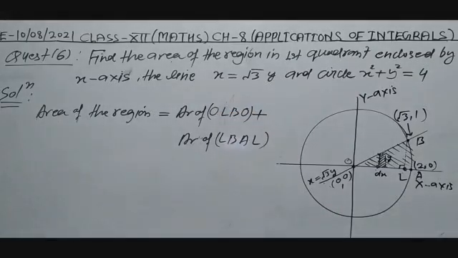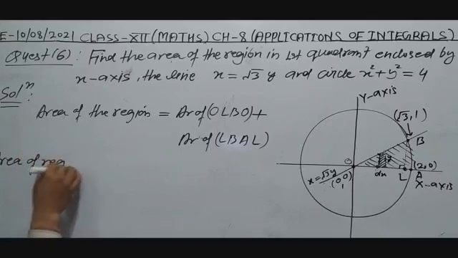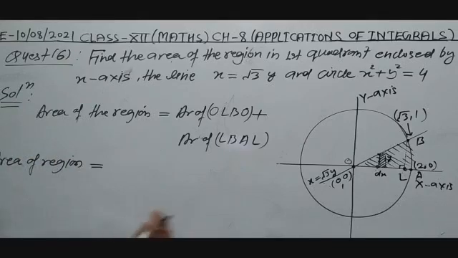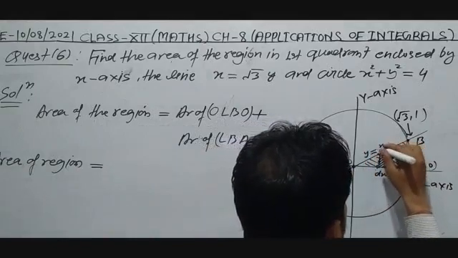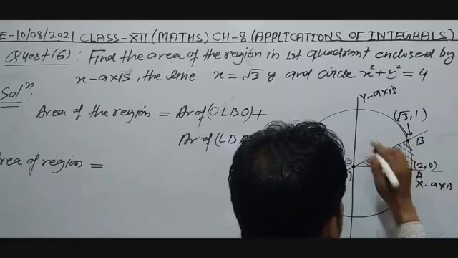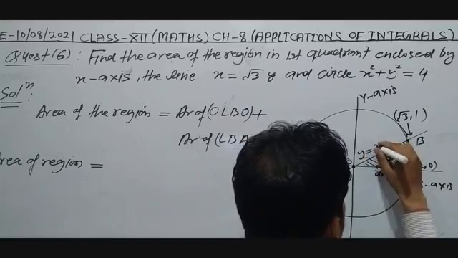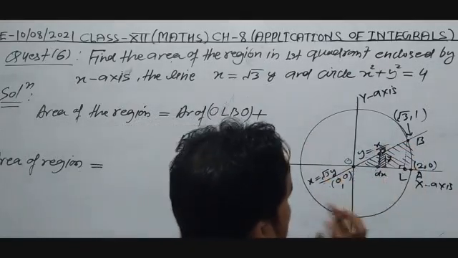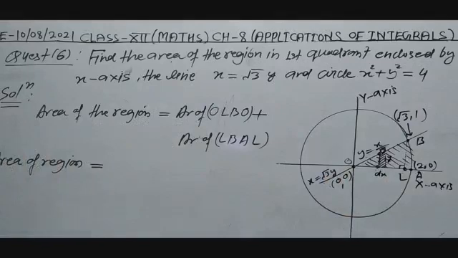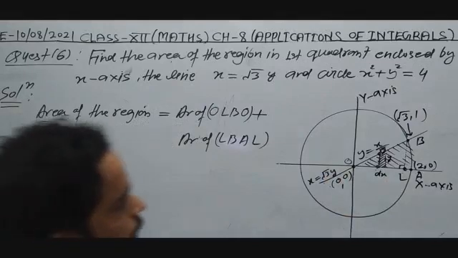Now see, area of region we can write, this is the curve, y is equal to x by root 3. x by root 3 means from 0 to L. The curve we have to integrate 0 to L, x by root 3, and this is the equation of circle.